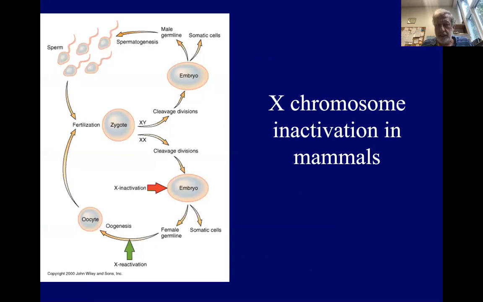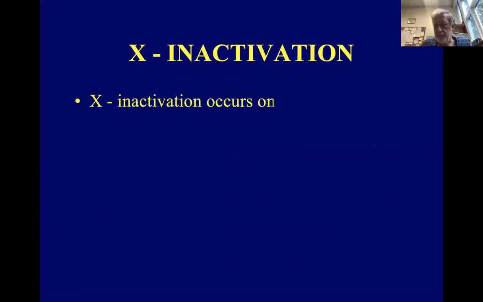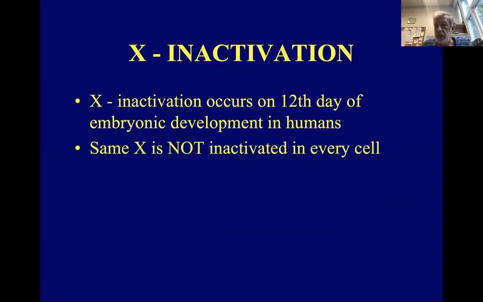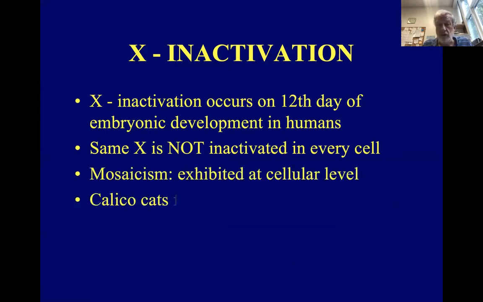So this shows that X inactivation occurs during embryonic development in mammals. In humans, it occurs 12 days after conception, but the same X is not inactivated in every cell. So if a female is heterozygous for an X-linked trait, she will show different traits in different cells, what we call mosaicism at the cellular level.